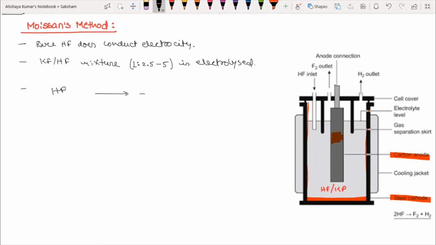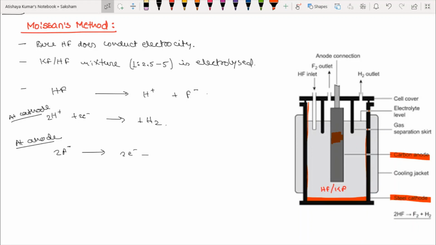So basically it dissociates into H+ and F-, and at the cathode, H+ will gain one electron. So basically two H+ ions will gain two electrons to form one molecule of hydrogen, and at the anode two F- ions will lose two electrons to form one molecule of fluorine.